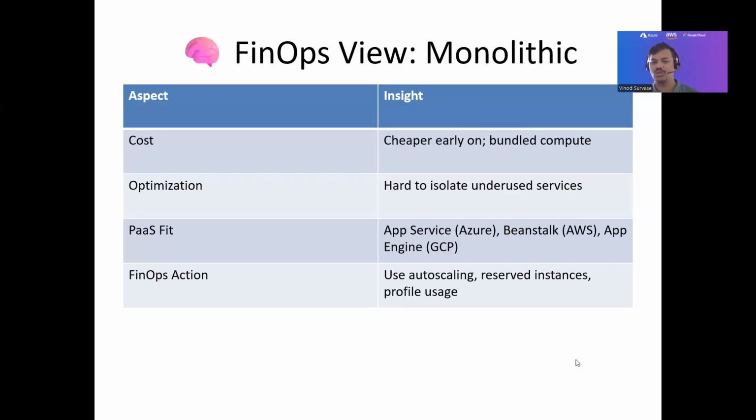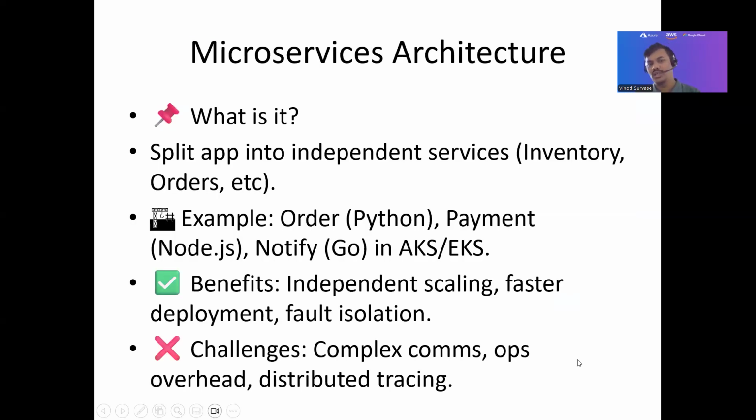So let's move to the next one. The next one is microservices architecture, right? So what is it and how does it work? Let's say it splits the application into independent services, where each independent service is going to run for different actions, basically.